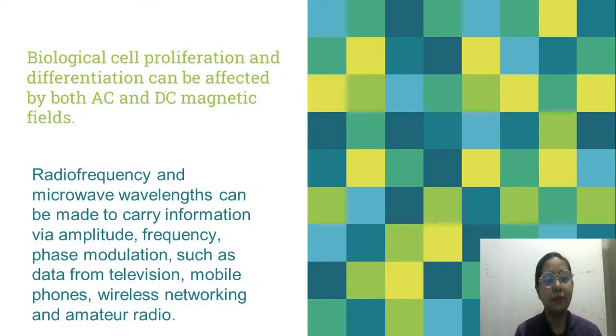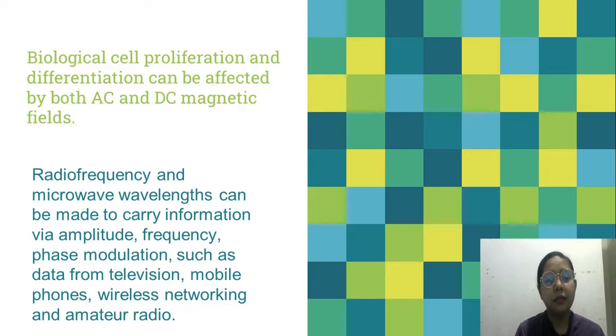Biological cell proliferation and differentiation can be affected by both AC and DC magnetic fields. AC means alternating current and DC means direct current. So when we talk about the electric field, we tackled also that in an electric field, there is always a magnetic field.